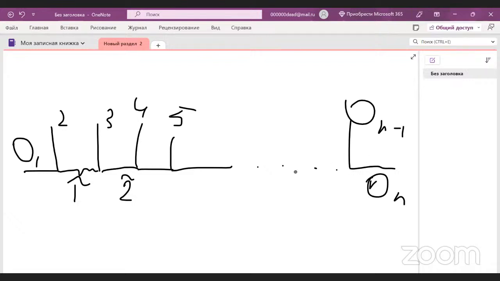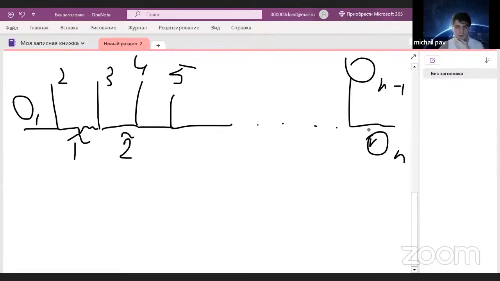The funny thing is that I completely forgot to mention that there is an interesting geometric interpretation.